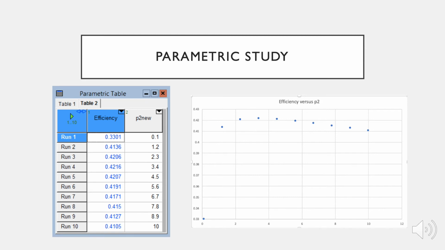After doing the parametric study, we determined that the best pressure would be about 3.4 bar. As you can see in our table and on our graph, this would produce a thermal efficiency of 42.16%. Therefore, we decided on 3.4 bar to be our middle isobar.